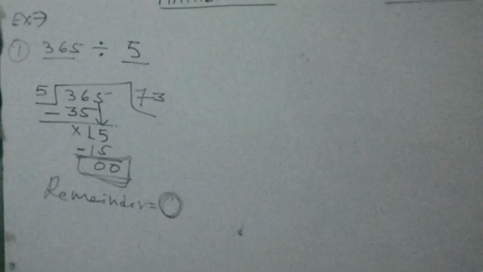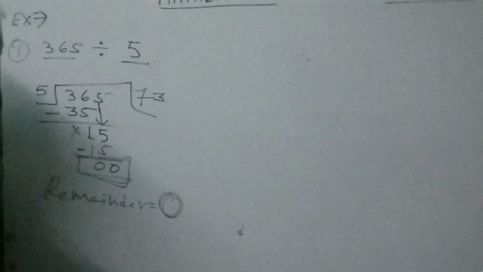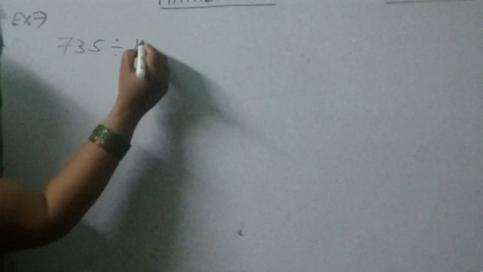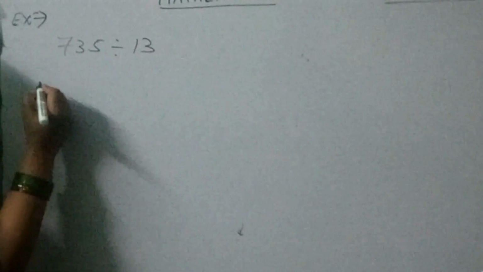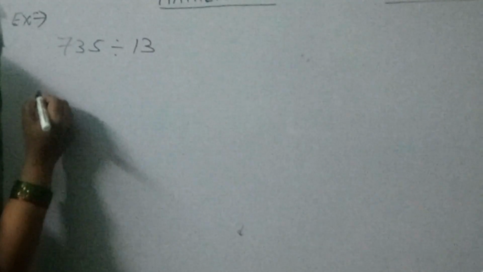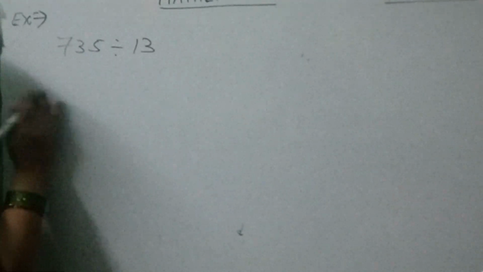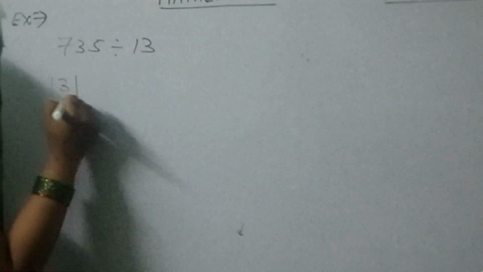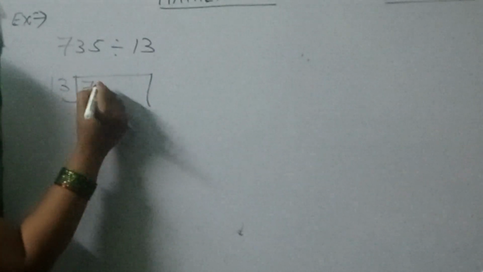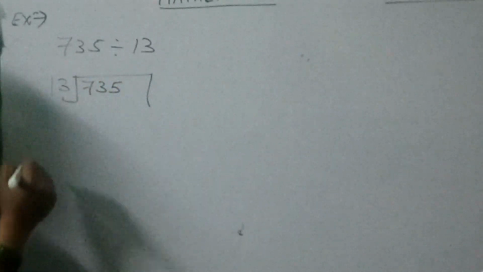Now see, the divisor is a 2-digit number. See another example that is also from your book. 735 divided by 13. Okay, if you know the table of 13, it is very good. Directly you can read the table and divide the number. 735.